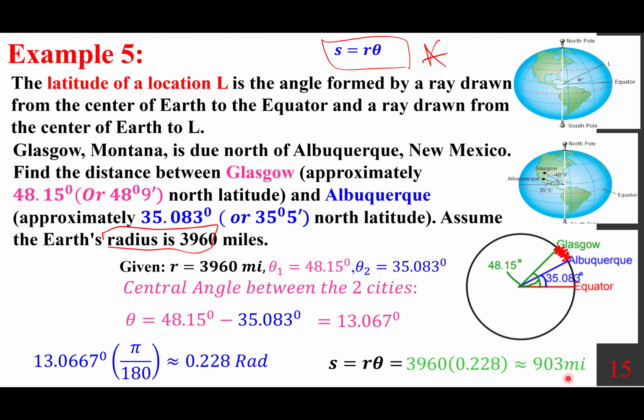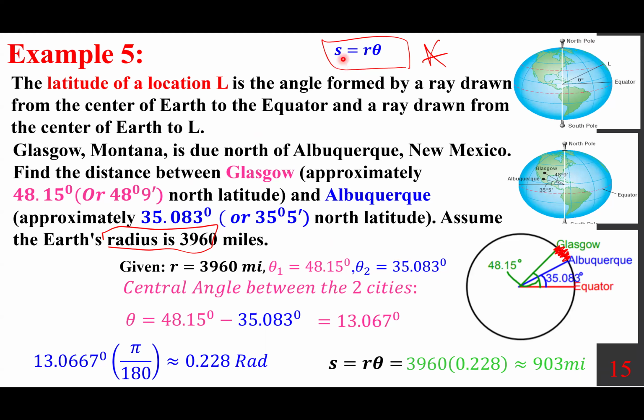So a quick recap. We want to find the distance between two cities. Their latitudes are given as 48.15 and 35.083 degrees. If you want the distance between the two, you find the difference between the two angles. That is the theta that you want to calculate.